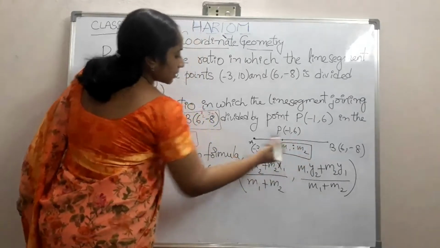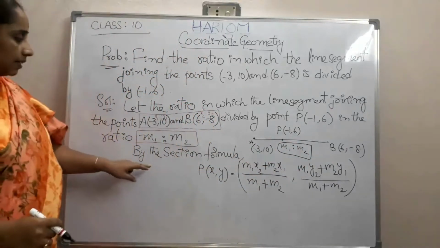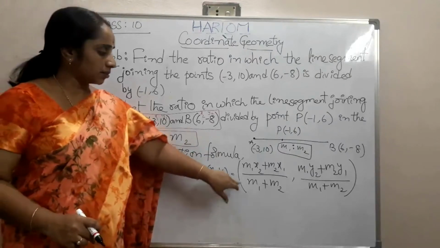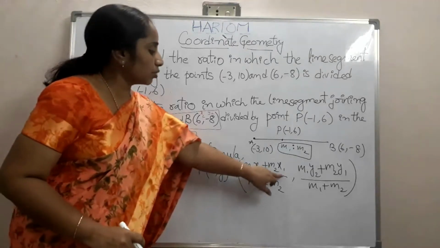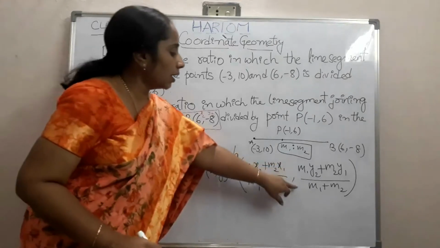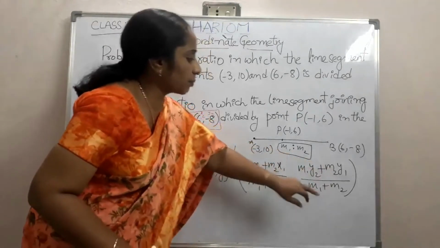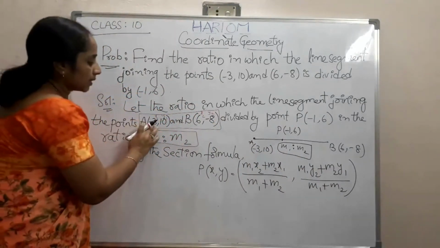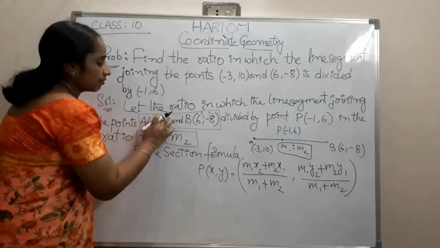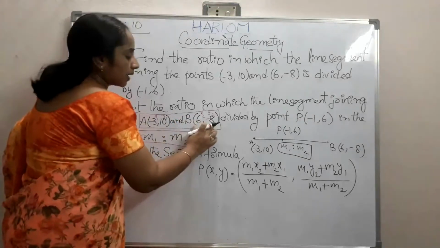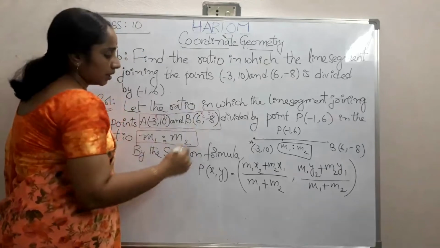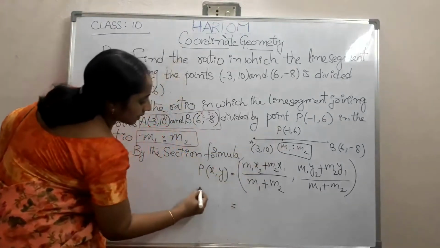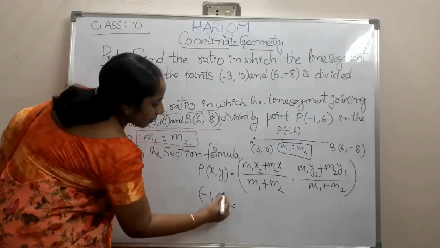So, as you know, the section formula: P of (x, y) is equal to (m1 x2 plus m2 x1) by (m1 plus m2), (m1 y2 plus m2 y1) by (m1 plus m2). Here A (-3, 10) is x1, y1, B (6, -8) is x2, y2, m1 and m2 we assume, and this P of (x, y) is (-1, 6).